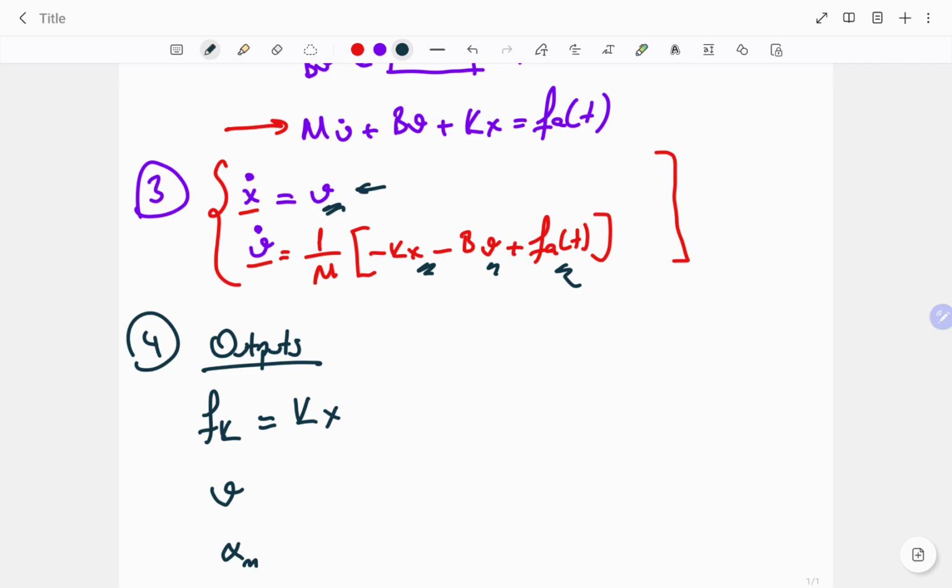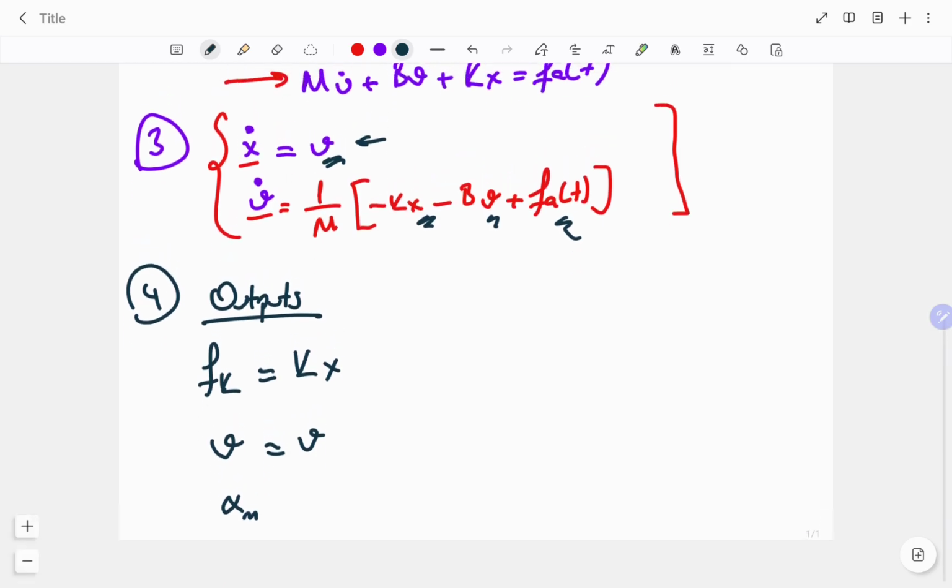On the left side, we have output parameters, and on the right side, we must see only the state variables and or Fa, the input of the system. x is our state variable, so there is no problem. We can use this equation for Fk, the spring force. What about velocity? Velocity is equal to velocity. Velocity is our state variable, so I can use this parameter.